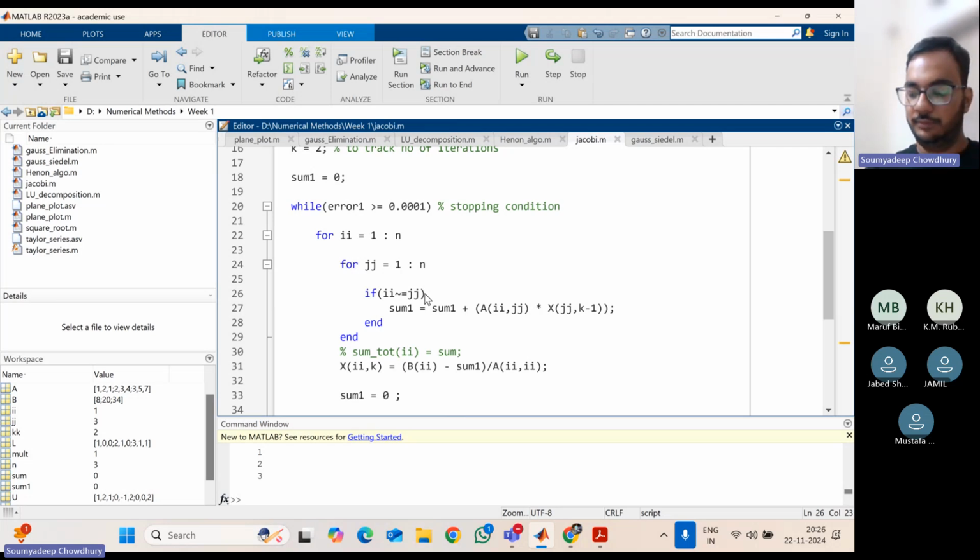One second. Just a second, I'll just bring my pen here.